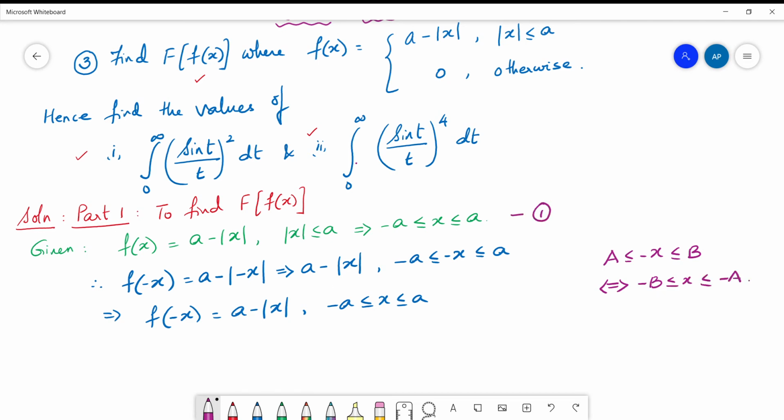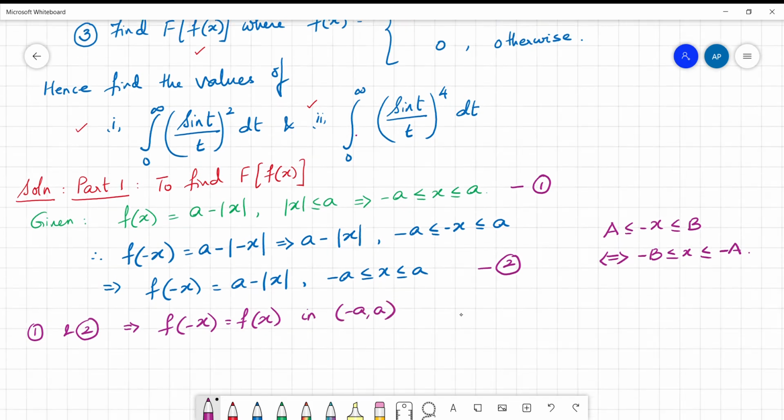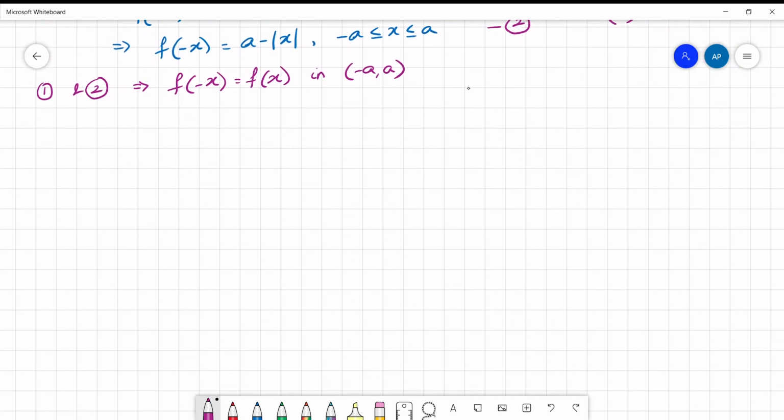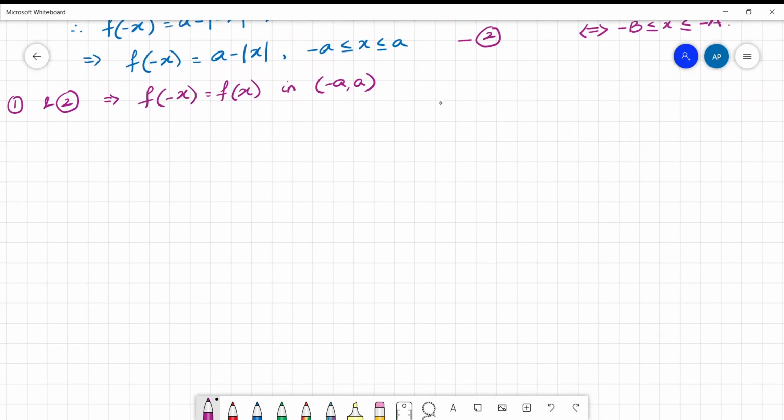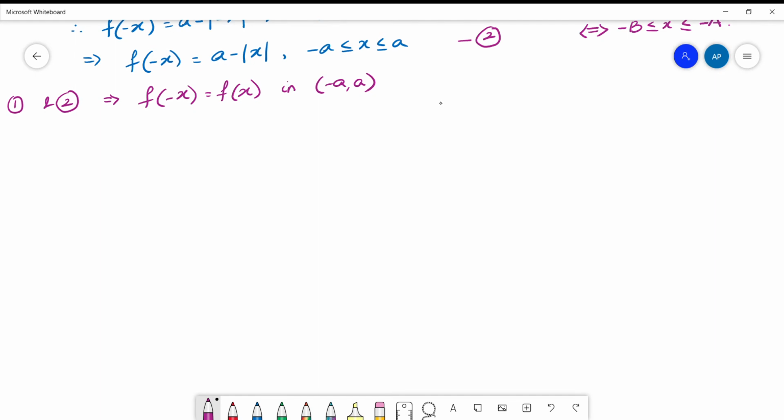So if you compare 1 and 2, you see that both are the same, and thus declare that f of minus x is equal to f of x in the interval minus a to a, and so that proves that f of x is an even function. So we are testing the nature before we go ahead with the substitution. I am sure that working rule you are all aware of by now. So this means f of x is an even function of x.